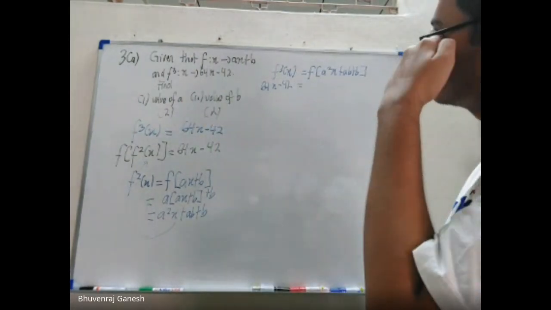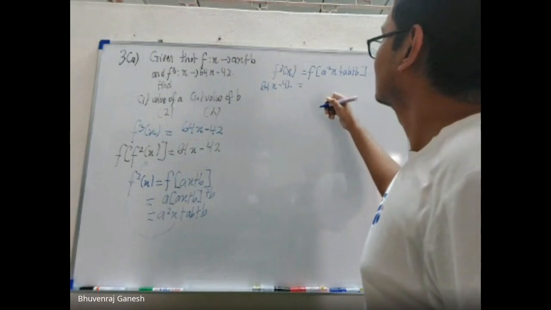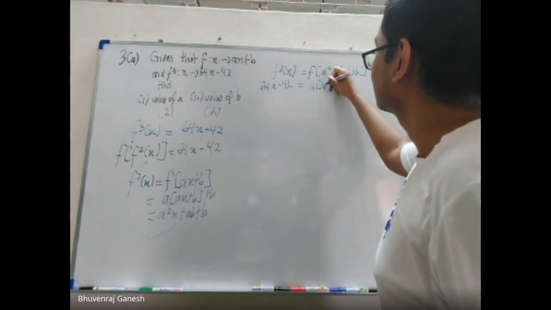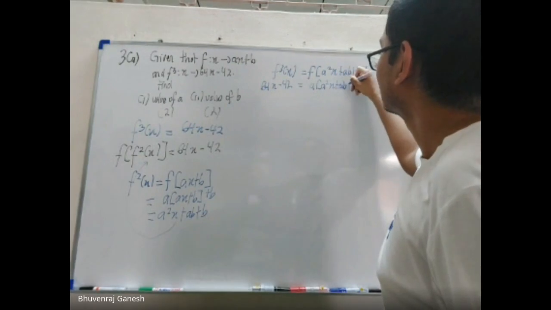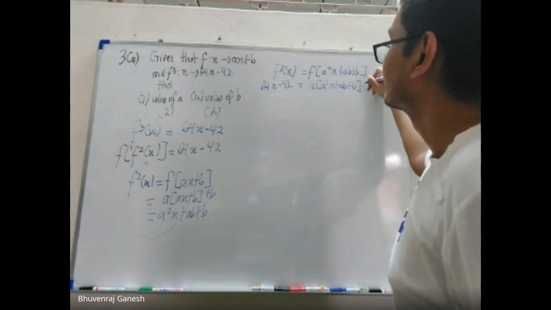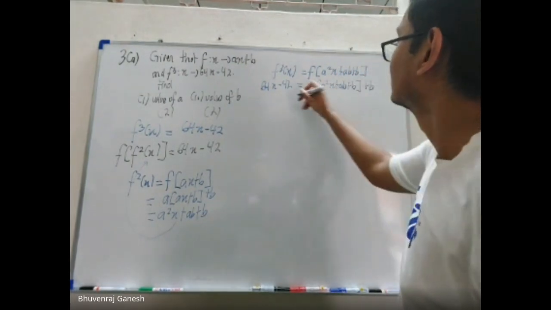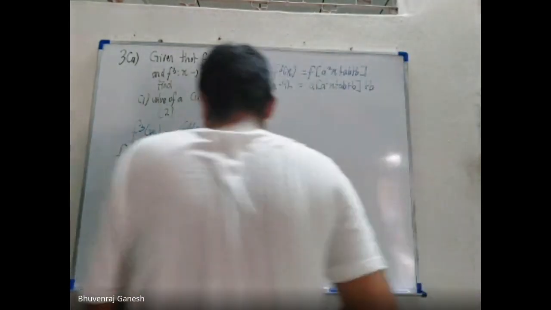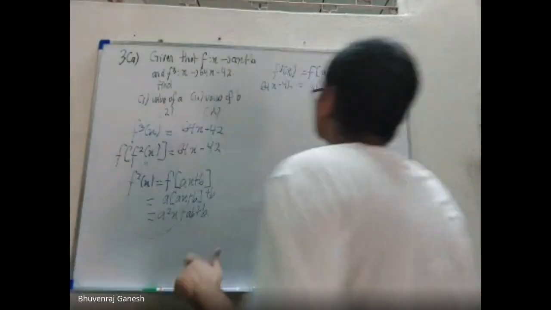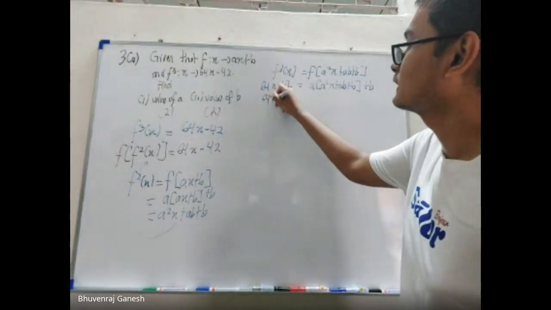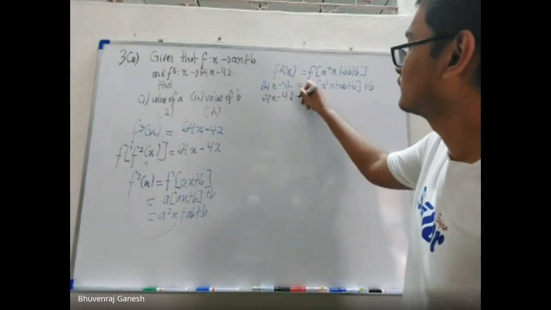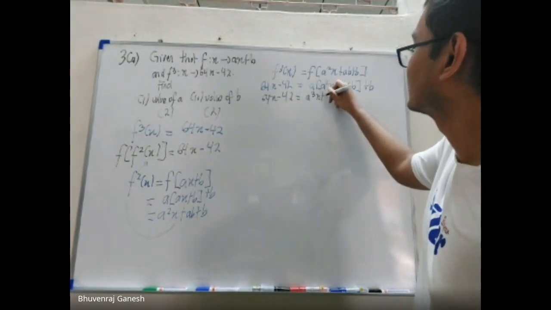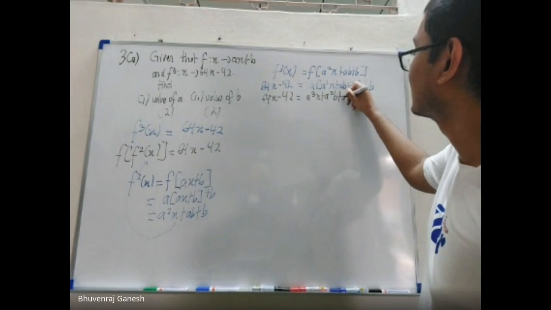So when you sub back inside f, you will get a bracket a square x plus ab plus b, and then plus b again. So now you can see a cubic pattern that's coming up. The x is power 3 now already. So 64x minus 42, you expand, you get a cube x plus a square b plus ab plus b.